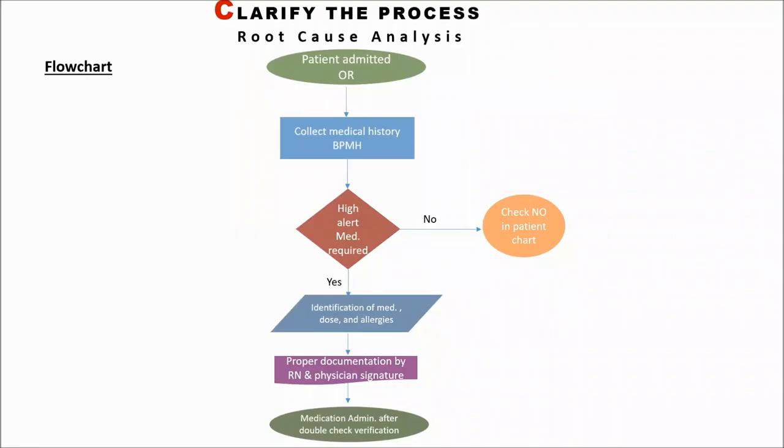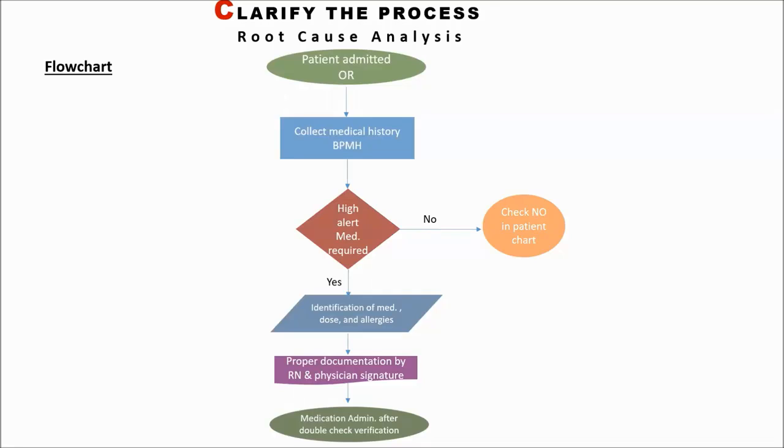So we needed to clarify the process of root cause analysis. We started with the flow chart, showing what usually happens, what was supposed to happen. Patient admitted to OR, collect the medical history, past history, and then if high alert medication is required. If it's not, then it's not high alert, and there is not going to be double checking.